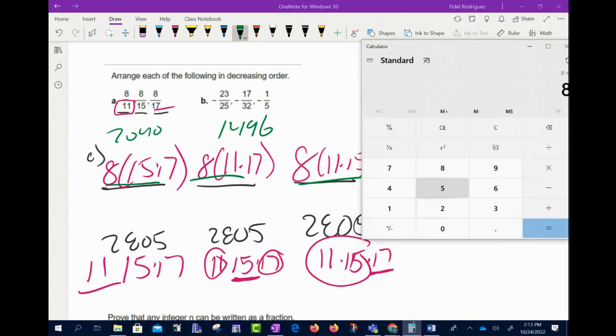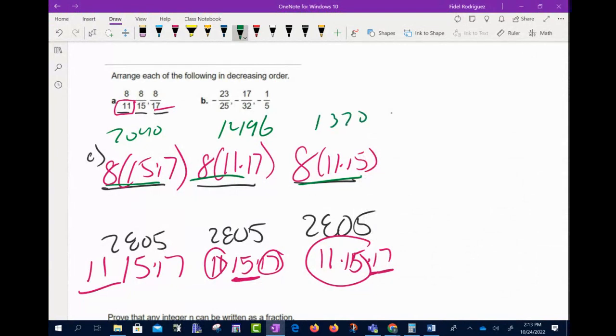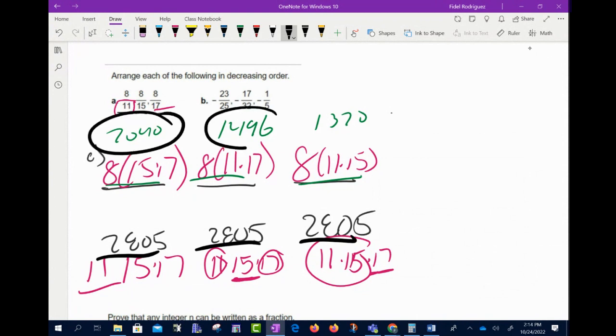And then finally, 8 times 11 times 15, that is 1320, okay? Y'all, they want to do this in decreasing order, meaning we're going to go from the biggest number to the smallest number. Since my denominators are all the same, are these numbers going from bigger to smaller? Yes, they are. So we're already in the right order, okay?